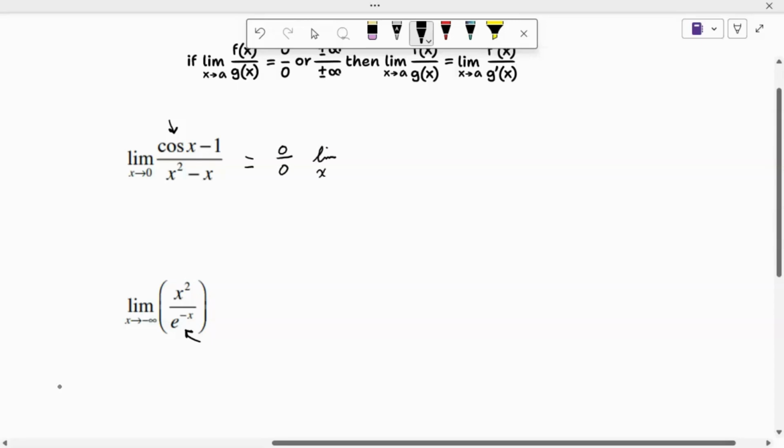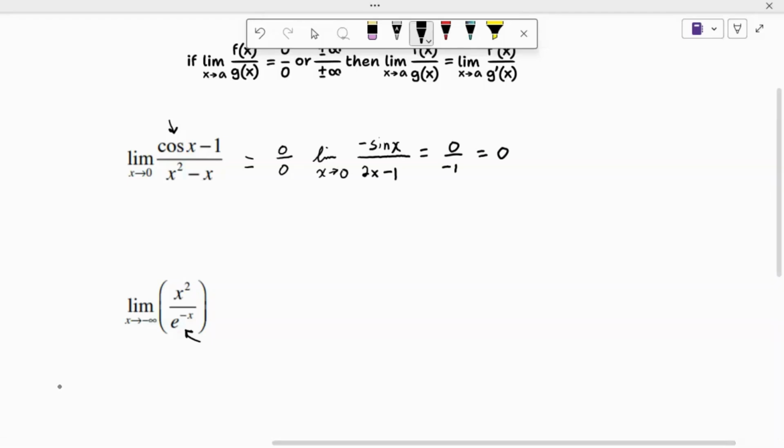So the limit as x approaches 0, the derivative of cosine x is negative sine x, the derivative of negative 1 is 0, divided by 2x minus 1. Now I try to plug in 0, and I would get negative sine 0, which is 0, and I would get negative 1 on the bottom, and that comes out equal to 0.